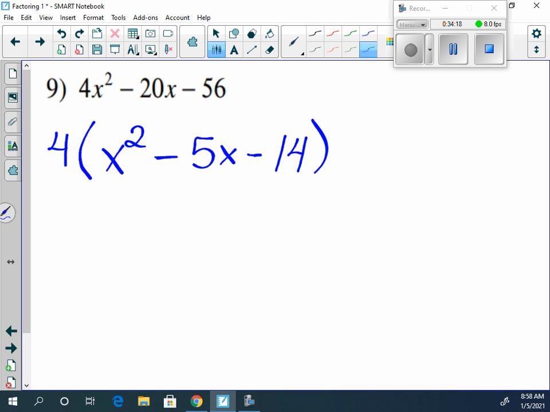Now we can go back and look at this again and see, is there another greatest common factor? Because sometimes we can find a factor that's easy to see, but we might miss another one. So I'll look back at it again: x squared minus 5x minus 14. No, there's not another greatest common factor.